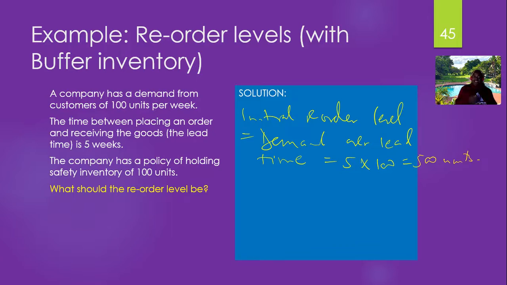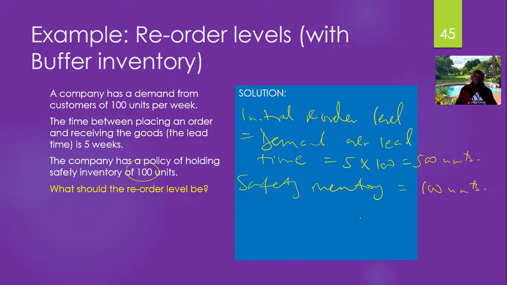The company has a policy of holding sufficient inventory of 100 units. So sufficient inventory is equal to 100 units.